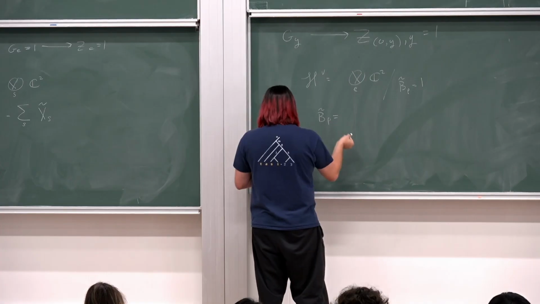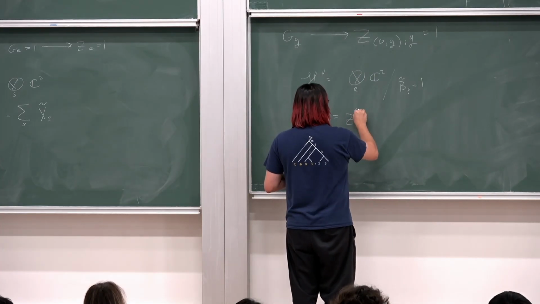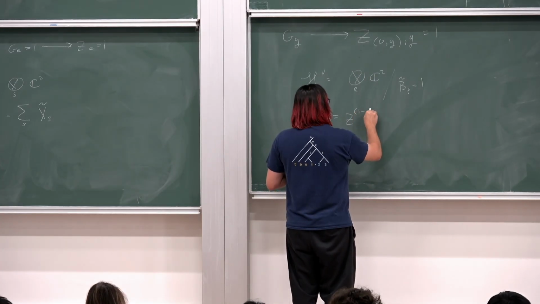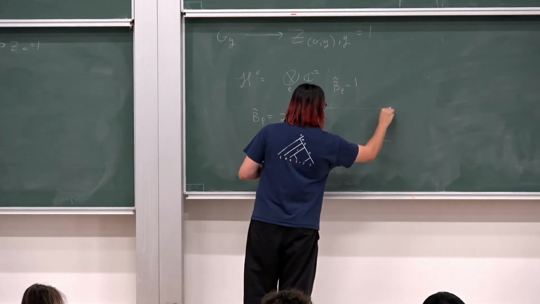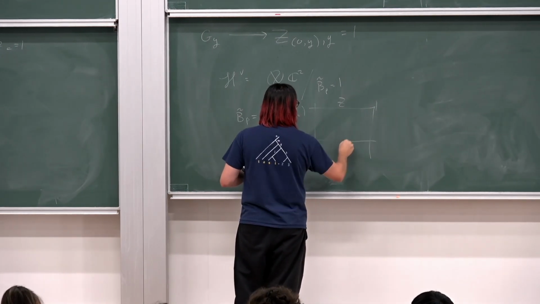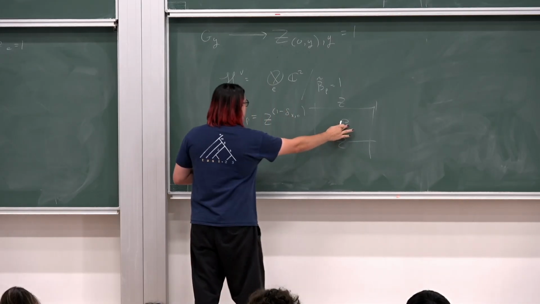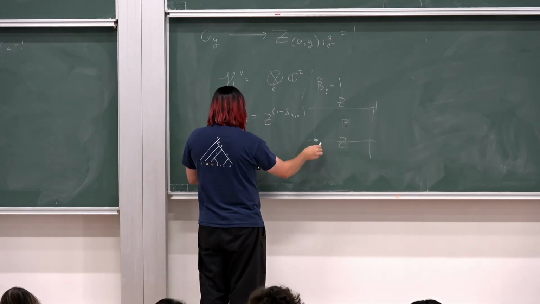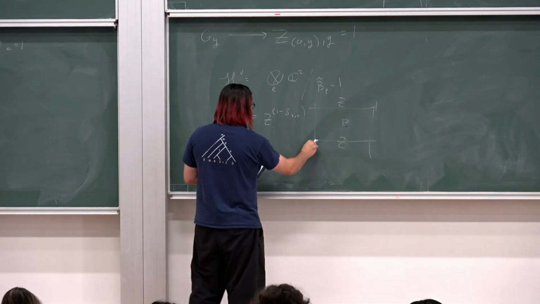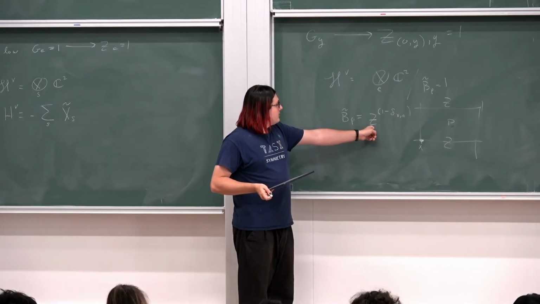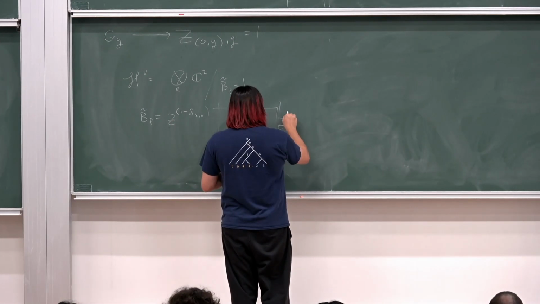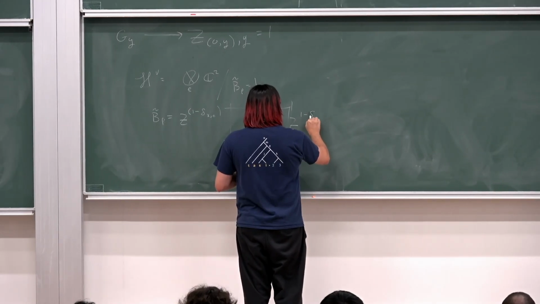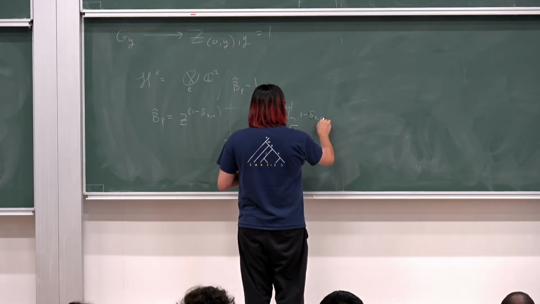Or B tilde, here's a compact way to write it. 1 minus delta x equals 0. So for the plaquette P, if I call this the x position of this lattice site, this is only here if x is not equal to 0. And then I have a z on the right-hand side, which is only there if x is not equal to minus 1.